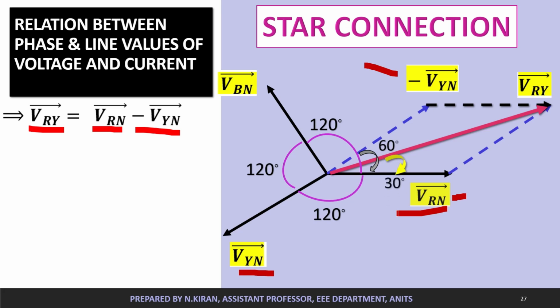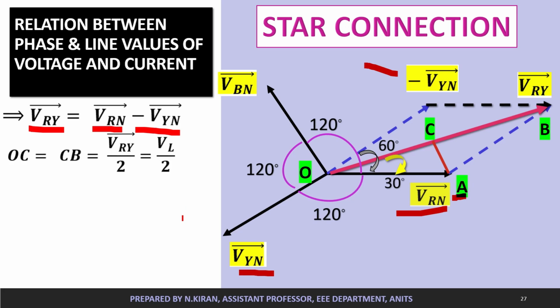I will draw a perpendicular bisector which divides my line voltage phasor into two equal halves, and designate the points O, A, B and C. Since the perpendicular bisector divides the line segment into two equal halves, the lengths OC and CB are both equal to VRY by 2, which is line voltage by 2. Now let me consider the triangle OAC.